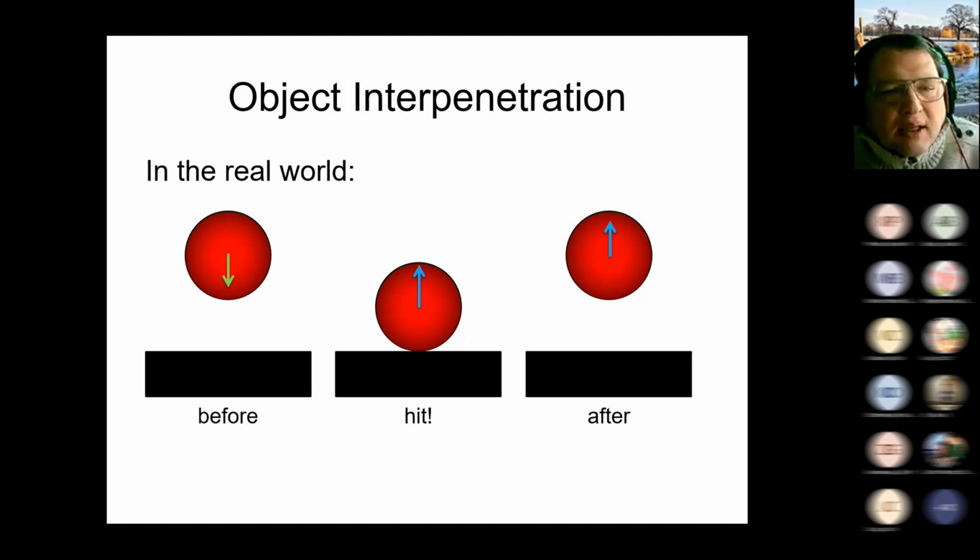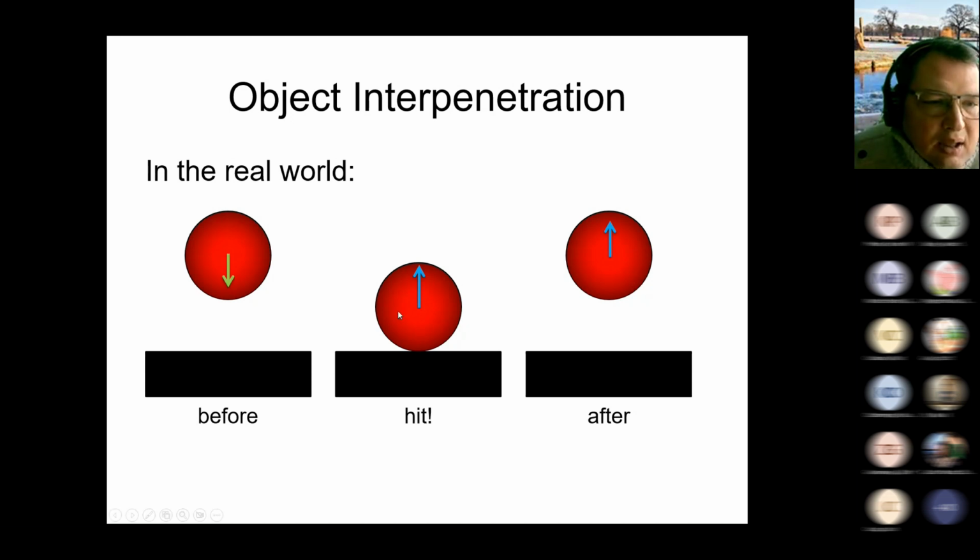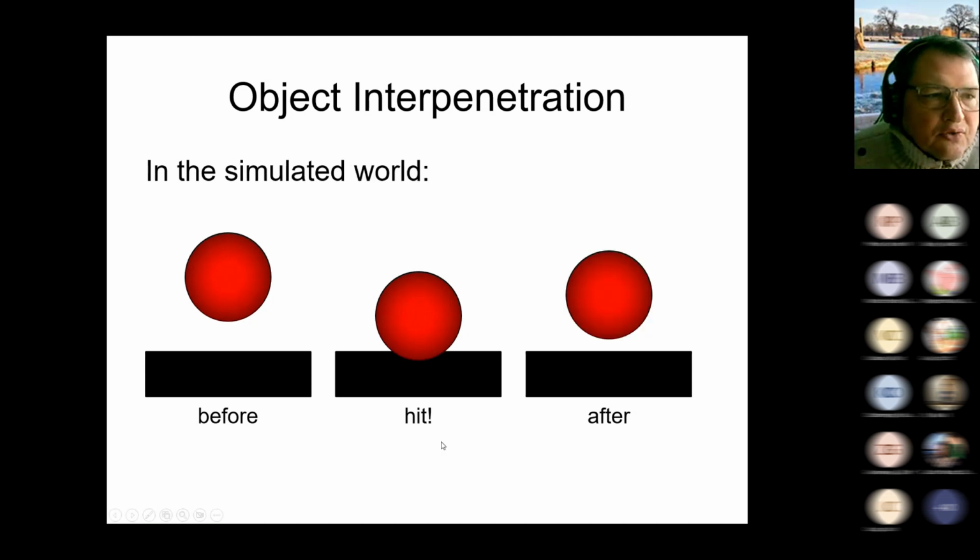So this is the real world. This is the same situation in the simulated world, so with the object interpenetration. This is before the collision, this is during the collision, the new velocity after the collision, and it's flying up, and there's no problem if it looks like this.